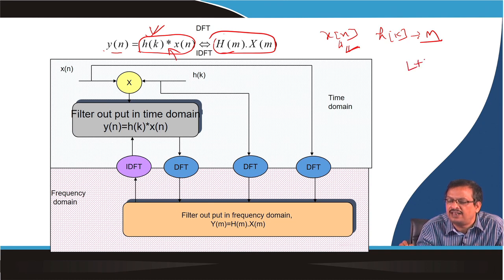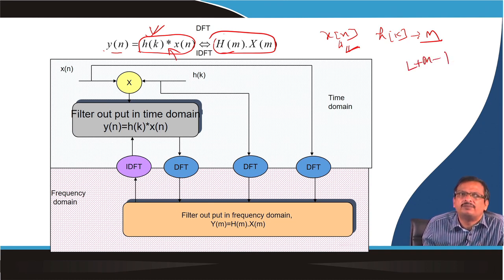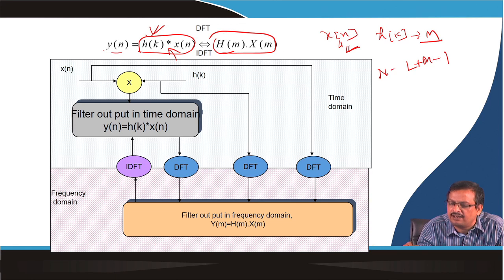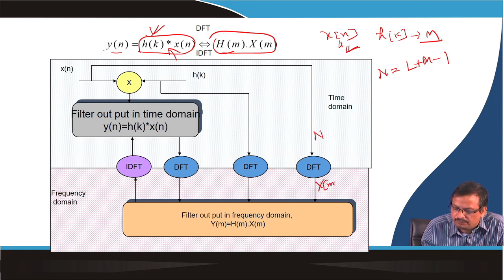The minimum length is L plus M minus 1, which is equal to, let's say, N. So I can do the N point DFT of x(n), and I will get capital X(m). I can compute the N point DFT of h(k) and I get capital H(m).